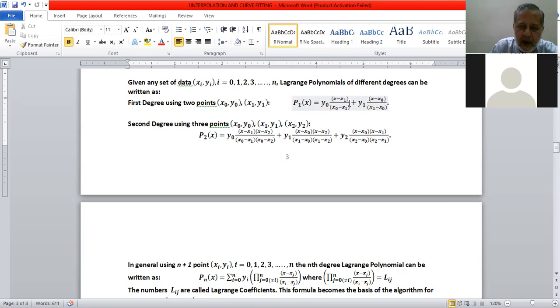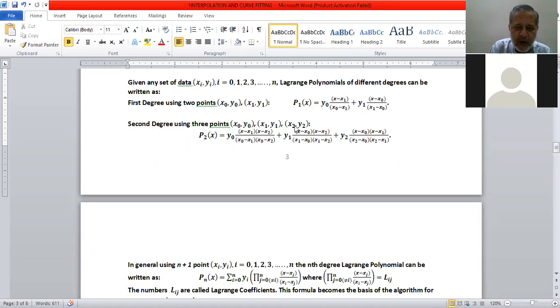On the right side, everything is constant except for this x, which is where we want to interpolate, given the data x0, y0, x1, y1. In between x0 and x1, we can choose any value of x, and for that, the estimated value of the y or p, the first degree polynomial, will be obtained.